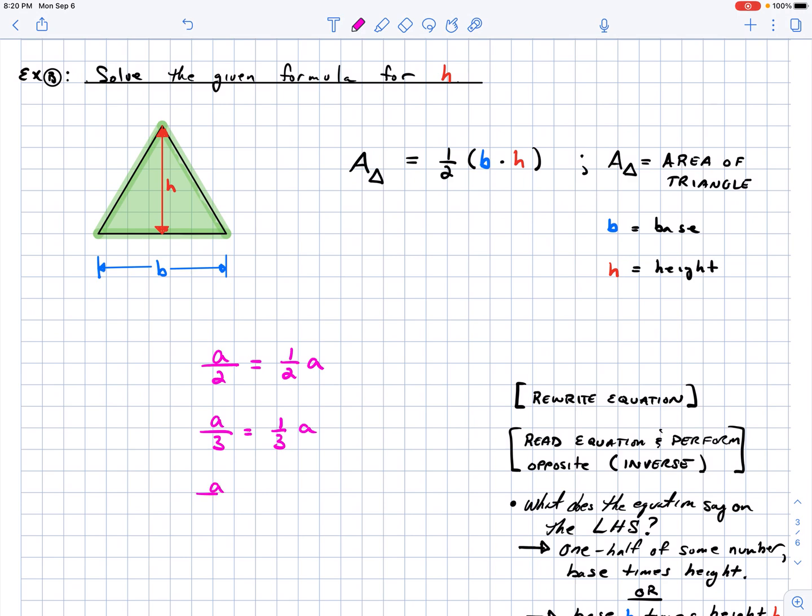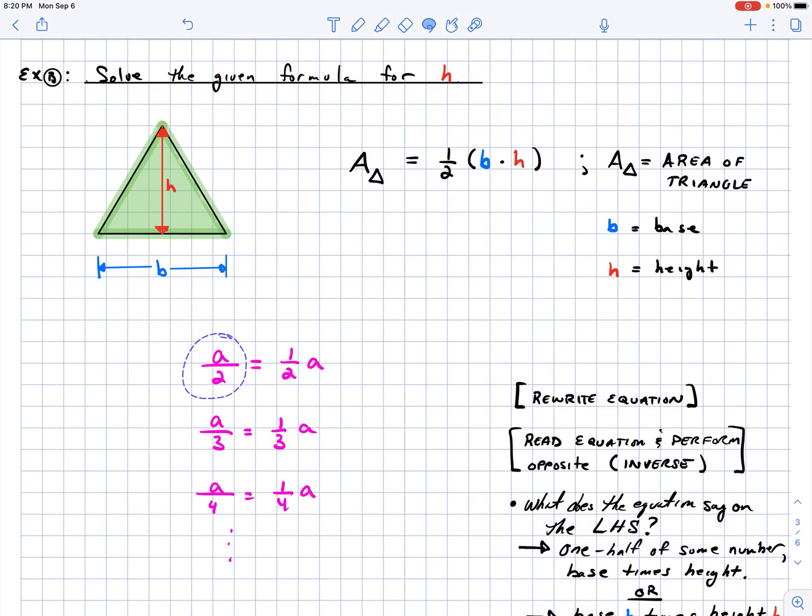If I take a number and divide it by 4, you guessed it, that's 1/4 of a number, and this continues. So when we look at this process up in here, and it says 1/2 times b times h, well, what does that really look like? Well, it's really maybe something like this down here.